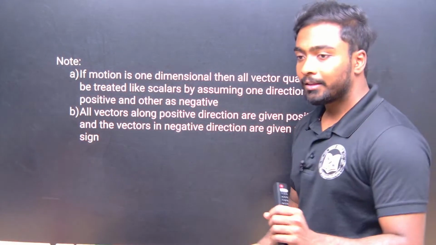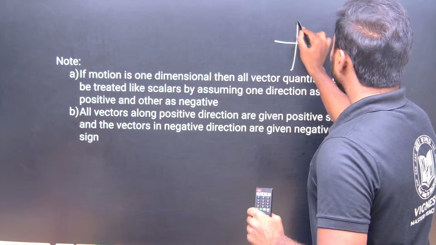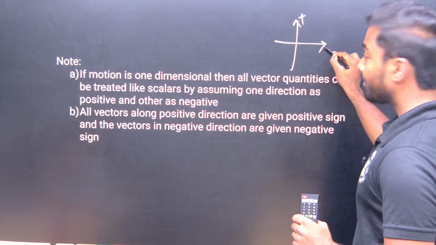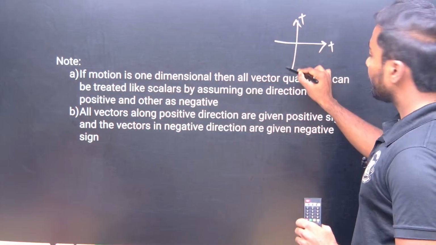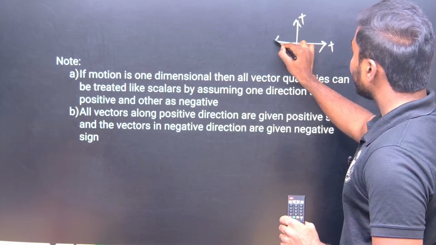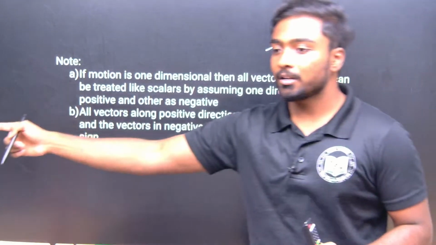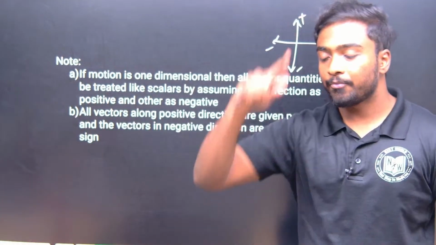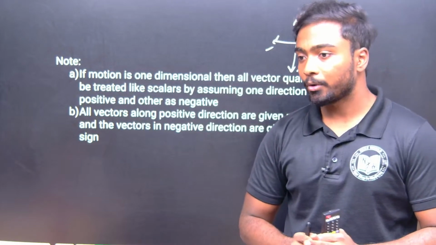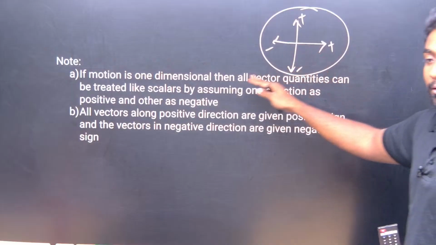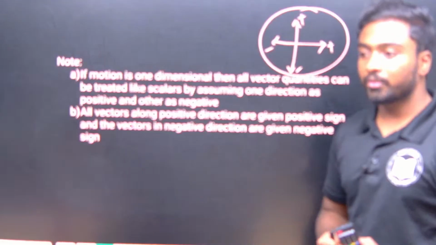Simple thing, the graph is there: positive y axis positive, positive x axis positive, negative y axis negative, negative x axis negative. Going right is positive, left is negative, upward positive, downward negative. Keep this in mind. You can take the direction of the velocities.